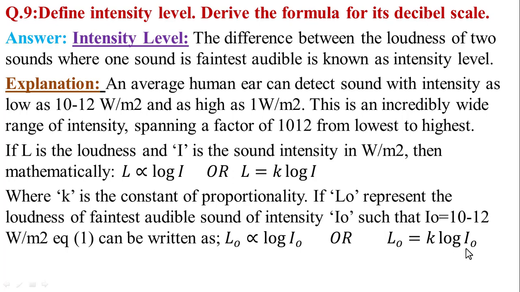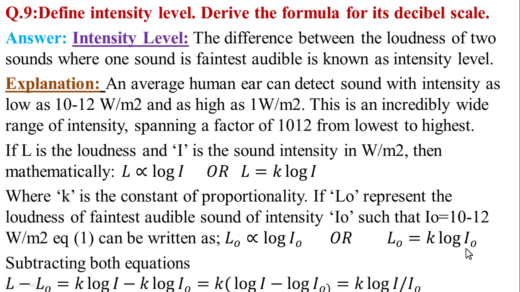Then we have two equations, and subtracting them, L minus L naught is equal to K log of I minus K log of I naught. Taking K common, K into log of I minus log of I naught. Applying the logarithm rule, L minus L naught is equal to K log of I over I naught, where K is a constant of proportionality.